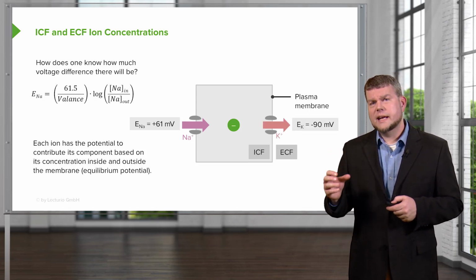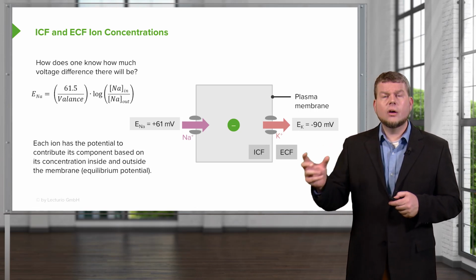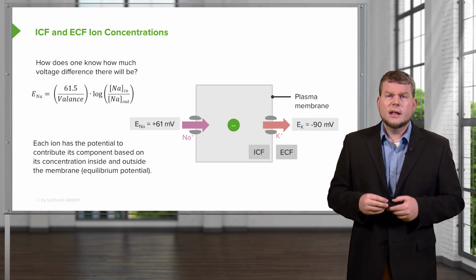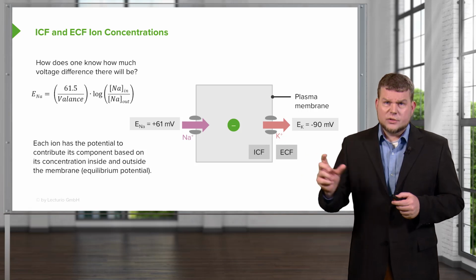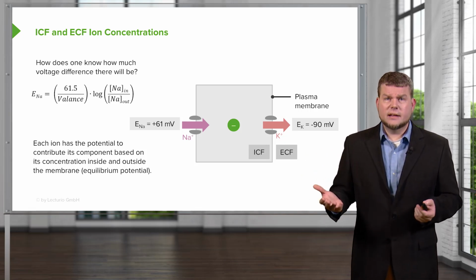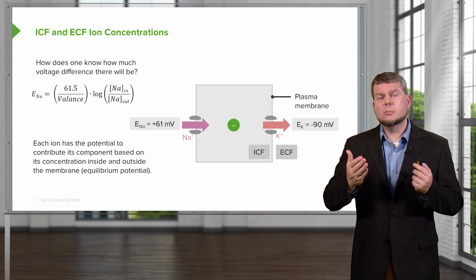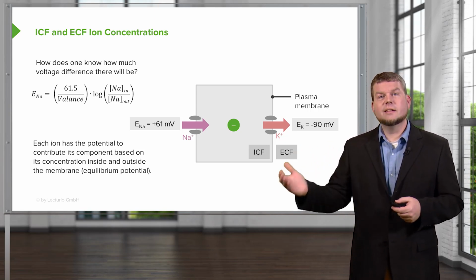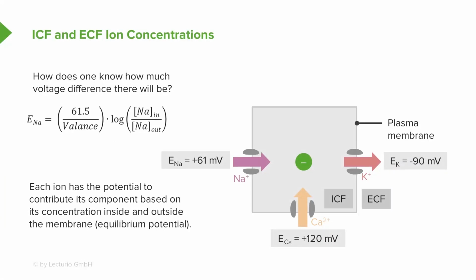If we look at potassium, you notice that it also has a voltage. But the potassium potential comes out to be -90. Why? Because potassium was high inside the cell and low outside. Calcium's membrane potential is very high, 120 in this particular example.